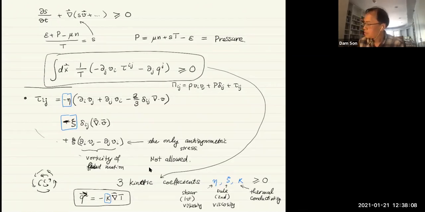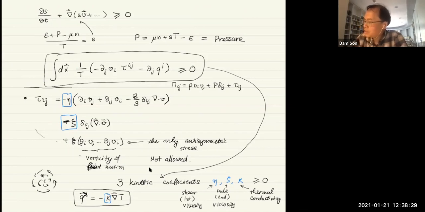Next time, I think we're going to finish this discussion, and I want to tell you a little bit about what kind of modes arise from these equations: shear, sound, and thermal diffusion.